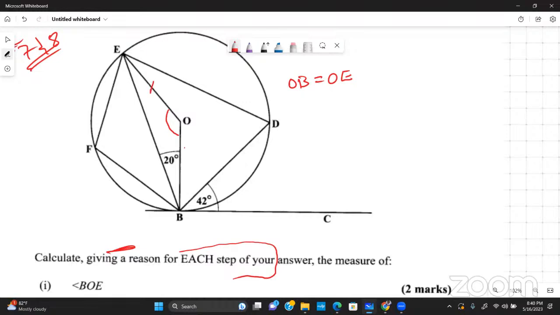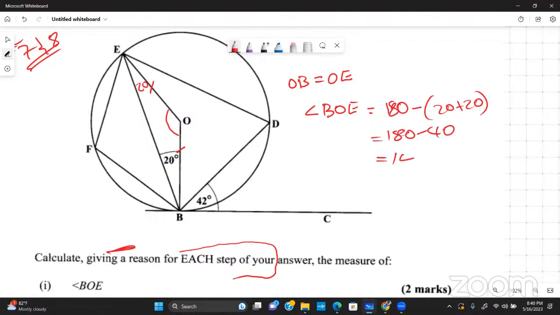So this is equal to this, which means 20 degrees is over this side. Now, when I'm ready to do BOE, I'm going to have to say, okay, 180 minus the sum of 20 plus 20. So it's 180 minus 40, and that's 140 degrees. This angle at the center here is 140.